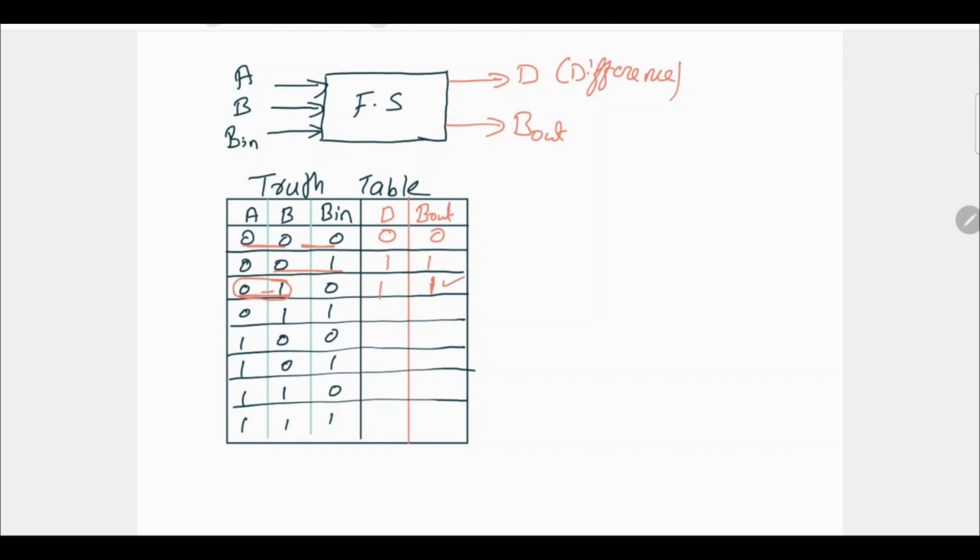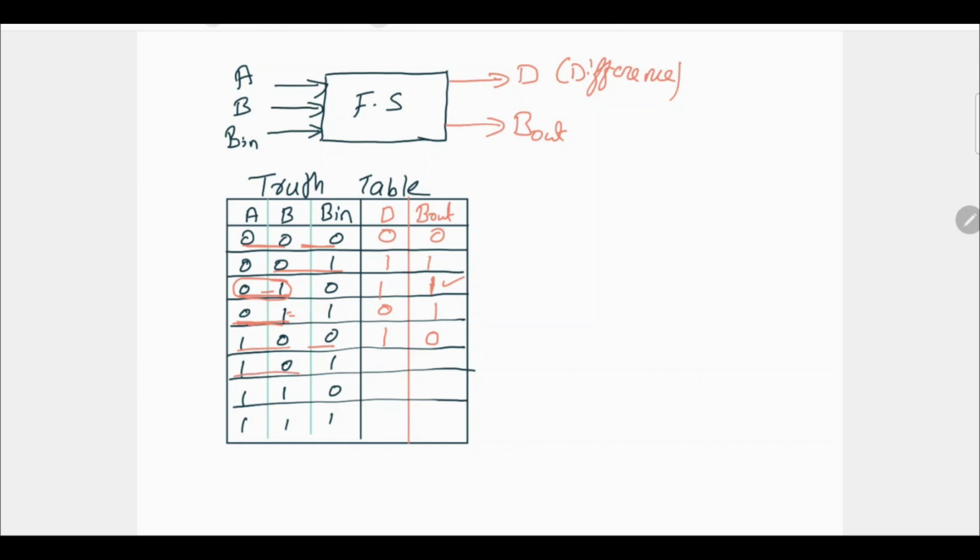Now, the next case again 0 minus 1, if we need to do 0 minus 1 we need a borrow. 0 minus 1 the answer is 1. Now, this 1 minus next one, that is 1 minus 1, that is 0. So, the final difference is 0. Next case 1 minus 0 is 1. So, difference is 1, we haven't borrowed anything, so borrow out is 0.